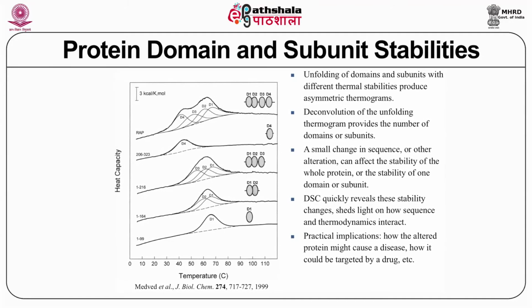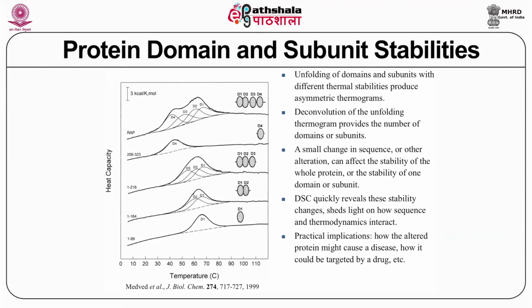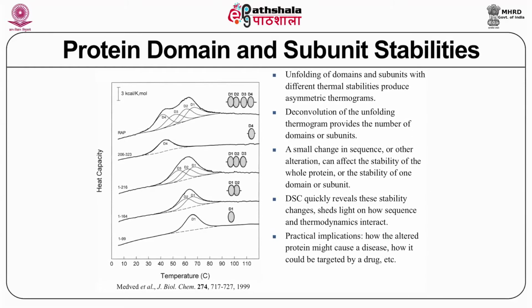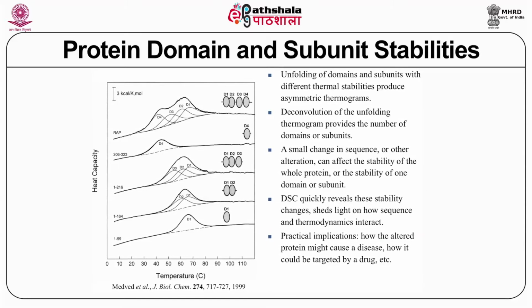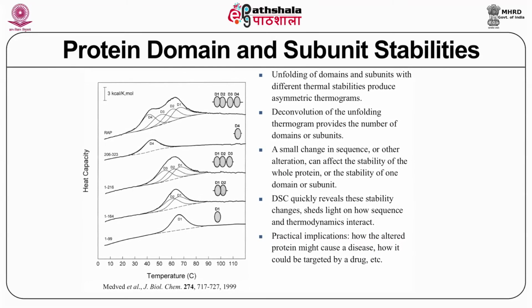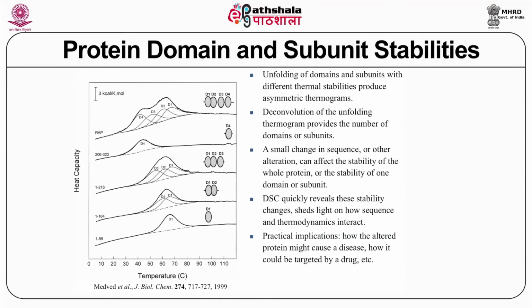Deconvolution of the unfolding thermogram helps you to determine the number of domains or subunits. So, that way you determine how many are there, a multimer or a trimer or a tetramer. DSC quickly reveals these stability changes and throws light on how the sequence and thermodynamics interact.